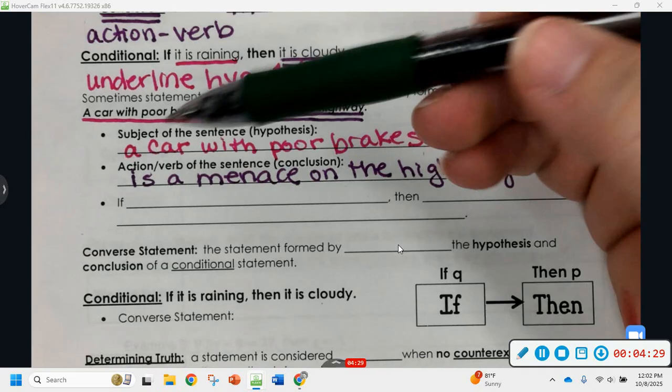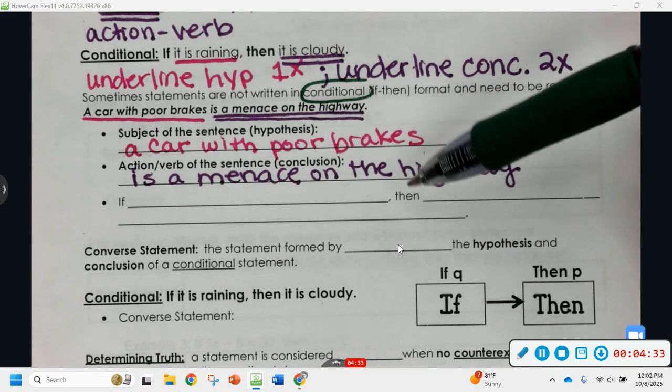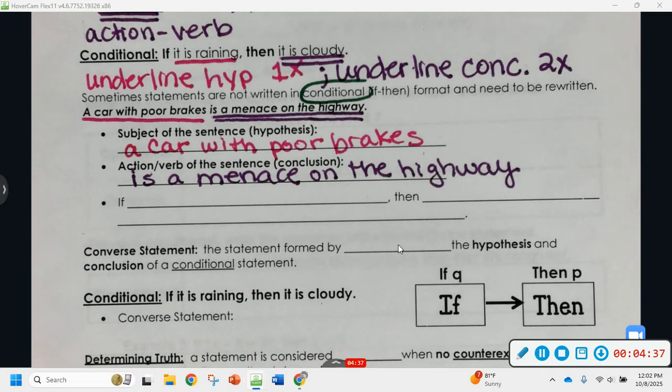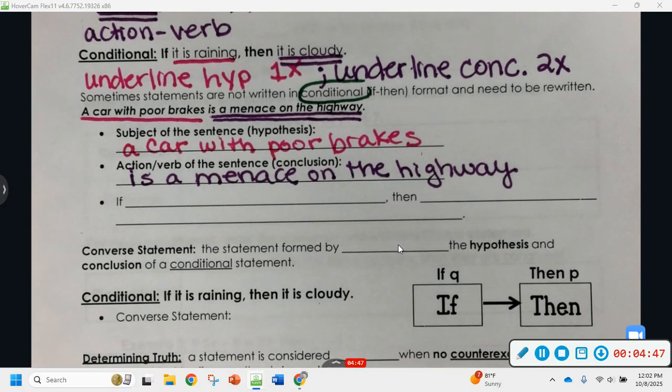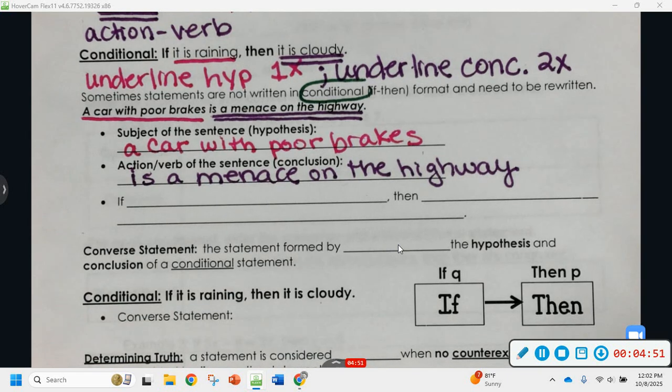Now, I wouldn't say if a car with poor brakes then is a menace on the highway. We want it to sound a little better than that. Remember, I teach math, so I'm not looking for perfection, not an English teacher, but you want it to sound a little better than that.